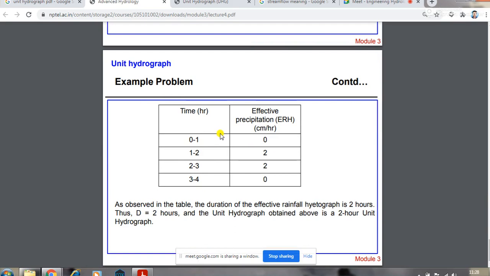Now, I would like to give you one small assignment. I'll be sending it to you, and you will need to do this problem on your own, and submit it by Thursday when our next class is scheduled.